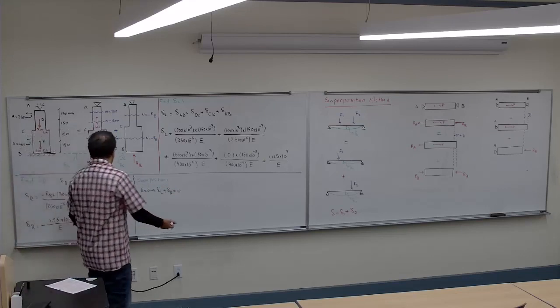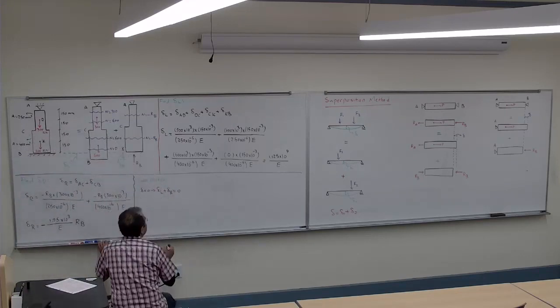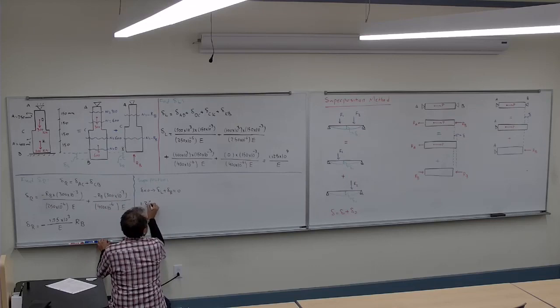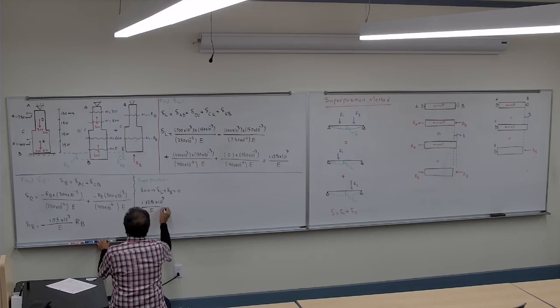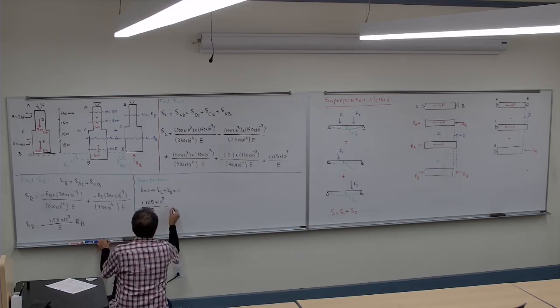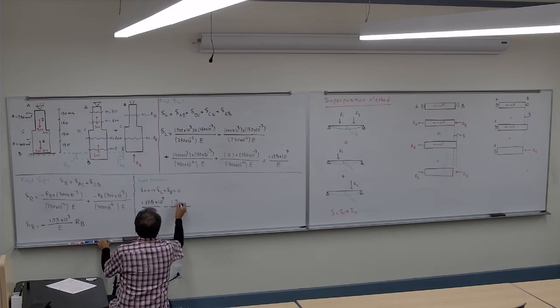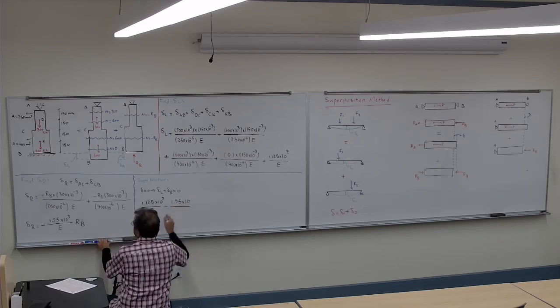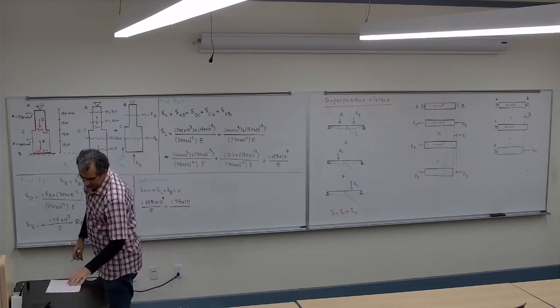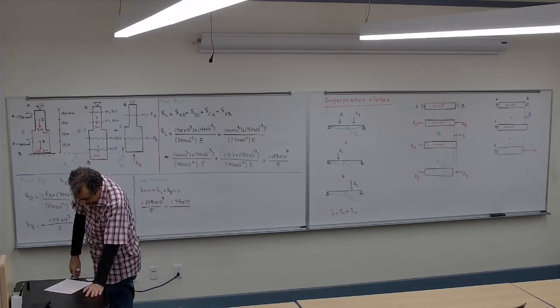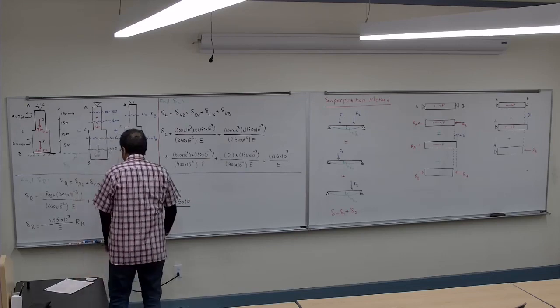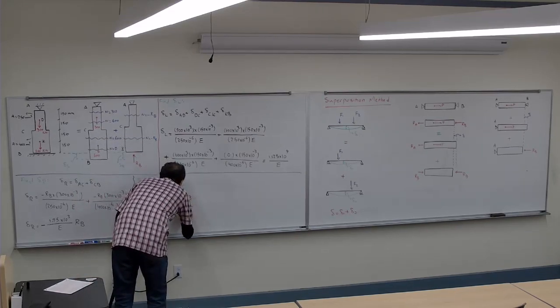So now I have them: 1.125 times 10 to the 9 divided by E should be equal to minus 1.95 times 10 to the 3 RB divided by E.